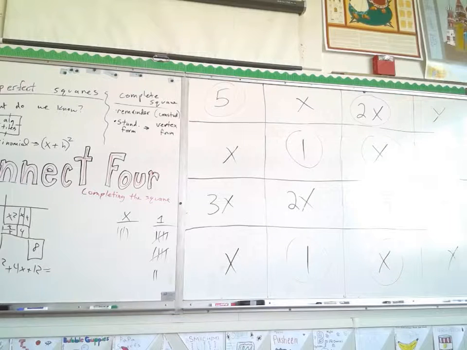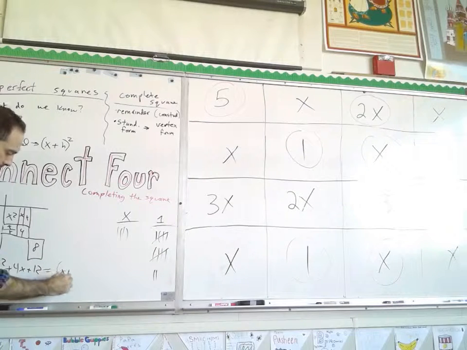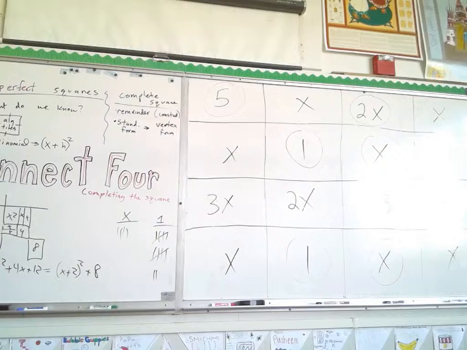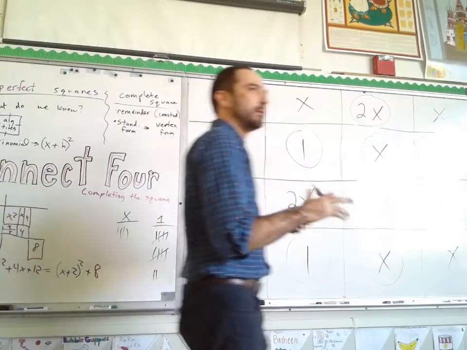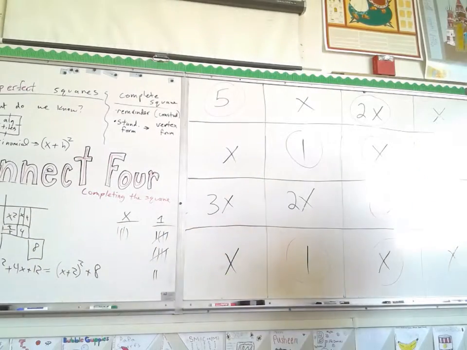Okay. Vertex form of this is going to be? Easy. Not bad. We're forcing the complete the square, and then seeing what the leftovers are.